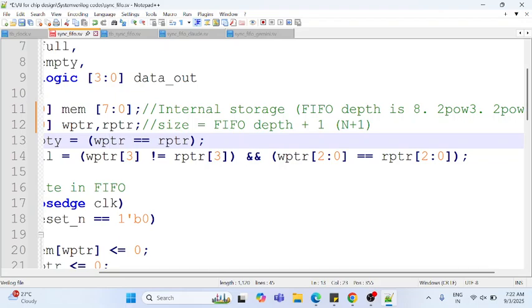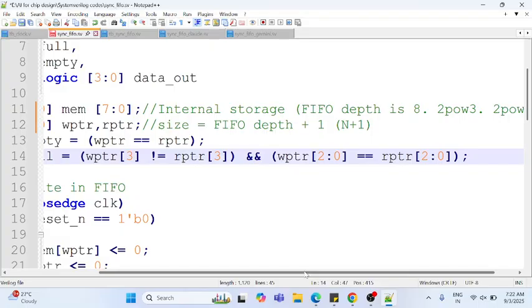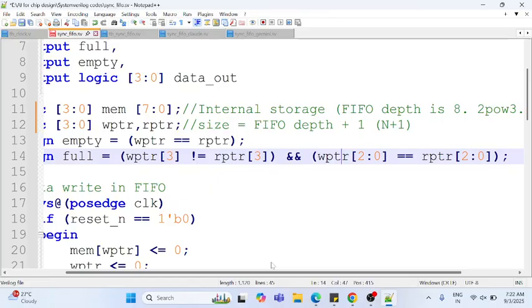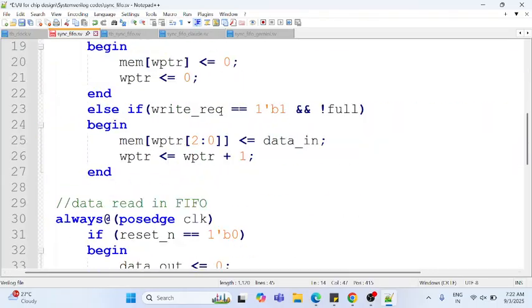That means the number of locations of FIFO are addressed here. The first condition is when write pointer of 2 colon 0 is equal to read pointer of 2 colon 0.